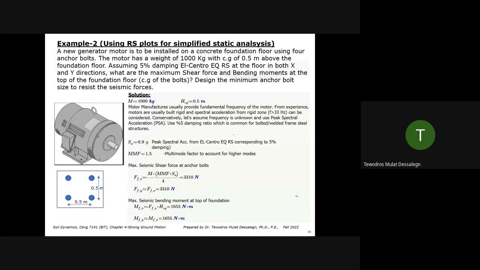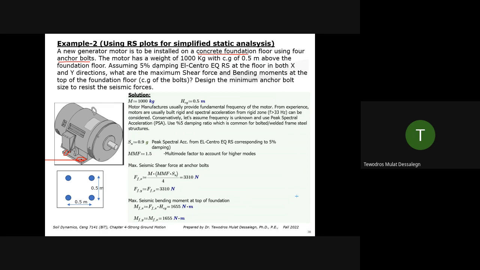And the second example is the same. It's trying to use those response spectrum plots, but now let's assume it's a motor generator. A new generator motor is to be installed on a concrete foundation floor using 4 anchor bolts. These are the anchor bolts at the bottom. The motor has a weight of 1,000 kilograms with a CG of 0.5 above the foundation floor.